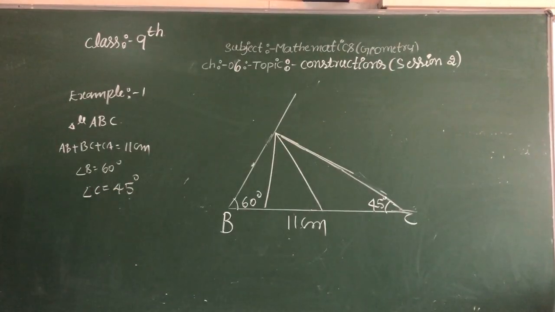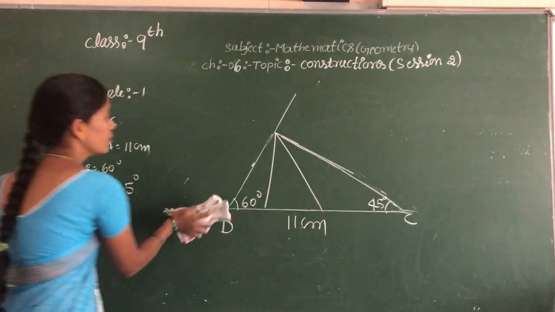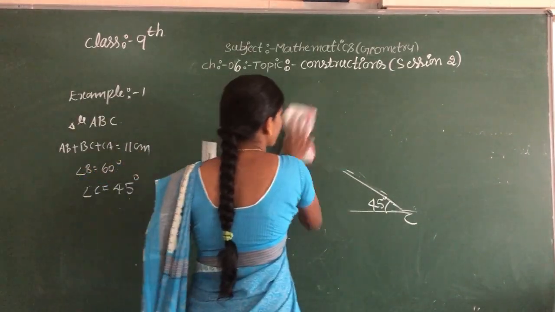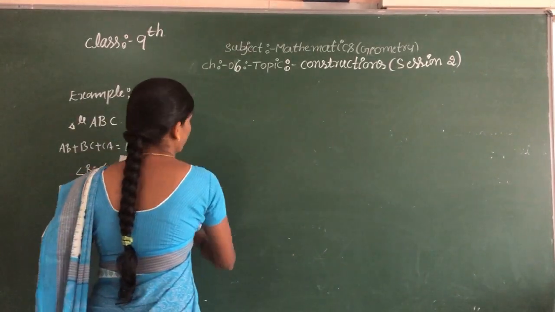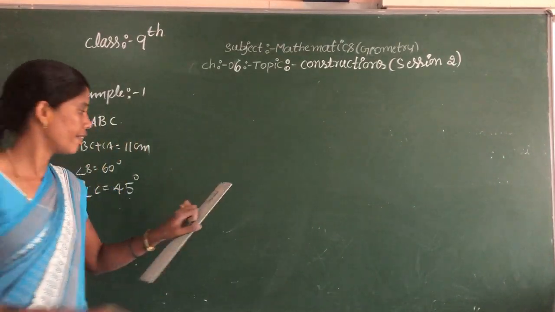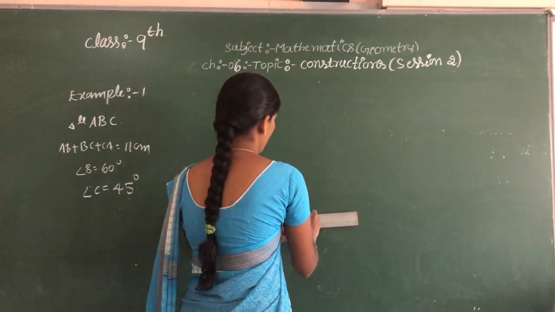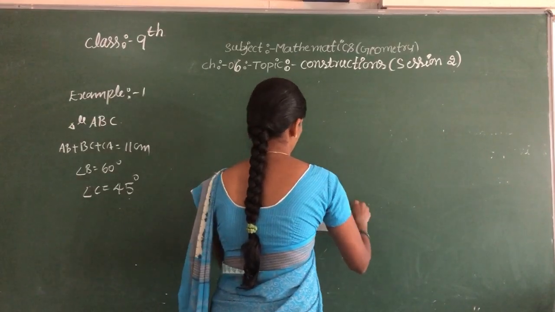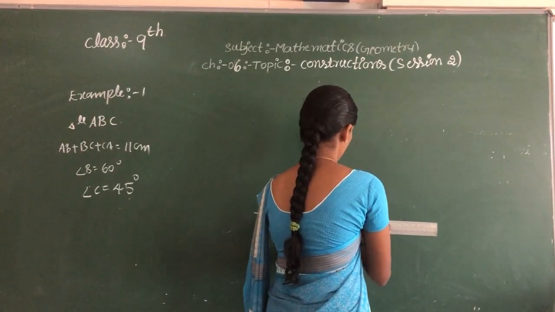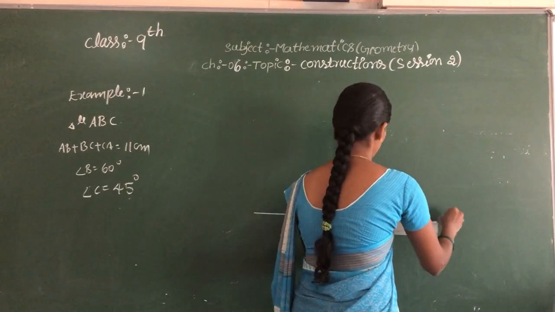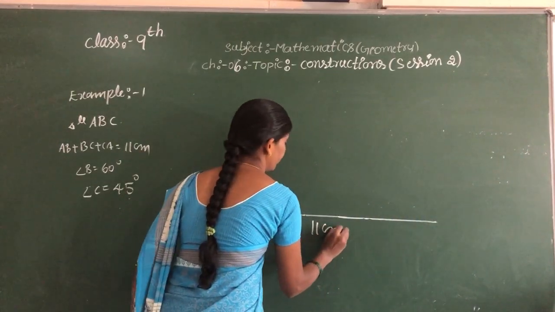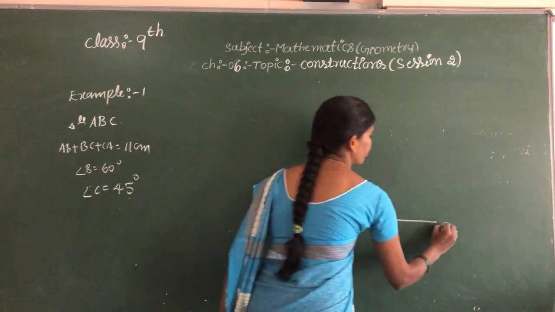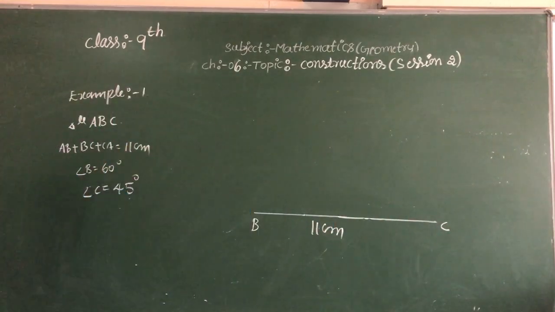I will also do this again with the scale. This is 11 centimeter BC. Okay. So keep the protractor here.